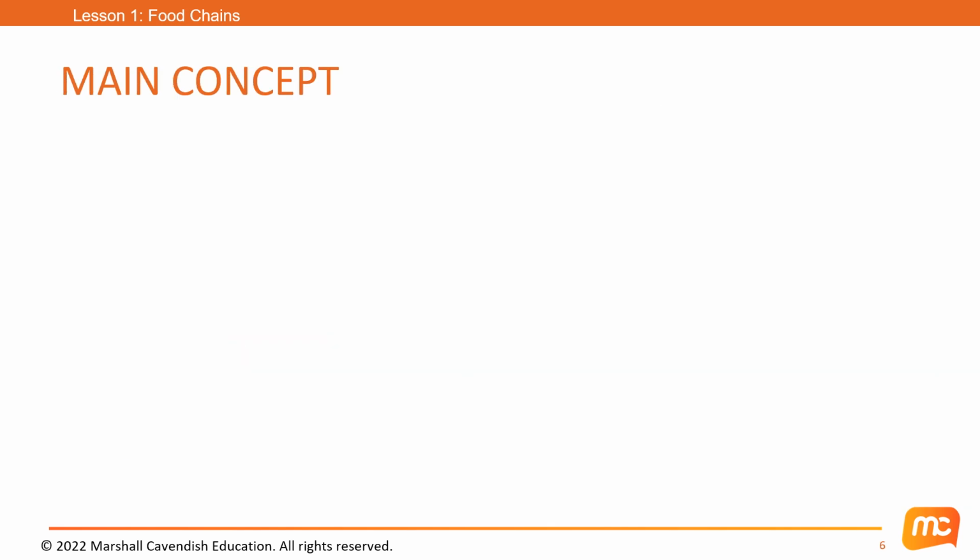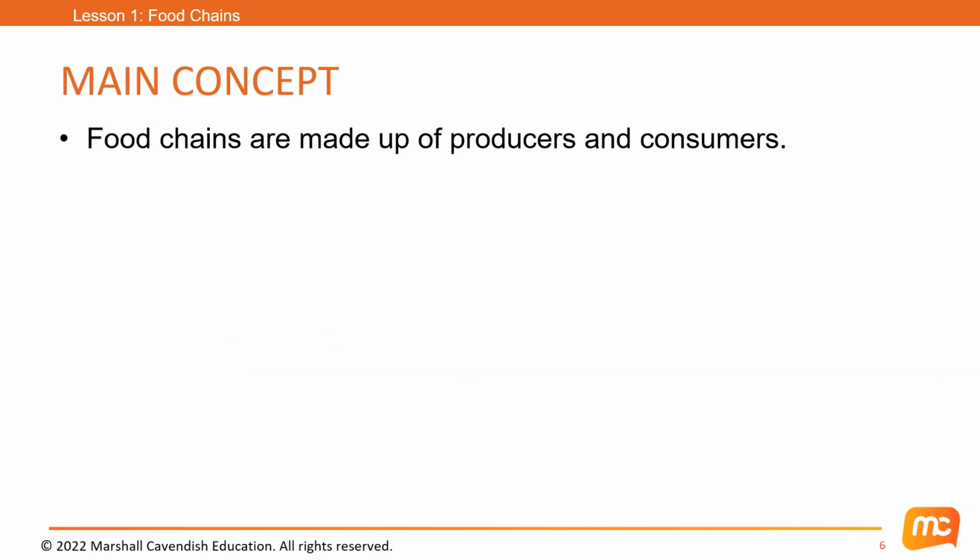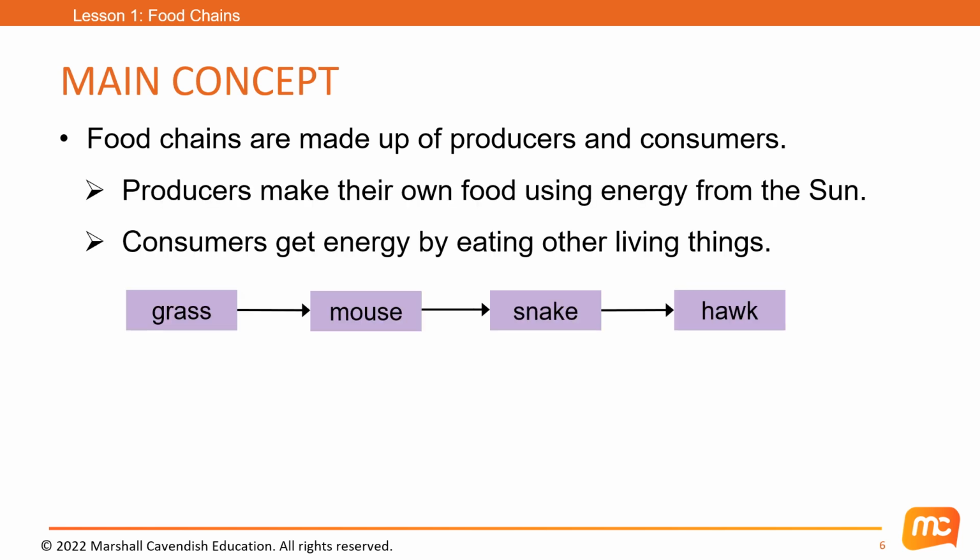Now, main concept. Where do you think the plants get their food? Plants make food using sunlight. I believe you have studied this from P1 until 5. So, consumers get the energy by eating other living things. The producers make their own food using energy from the sun.